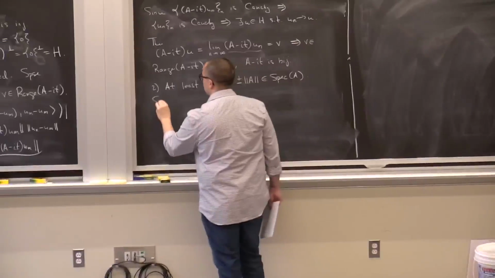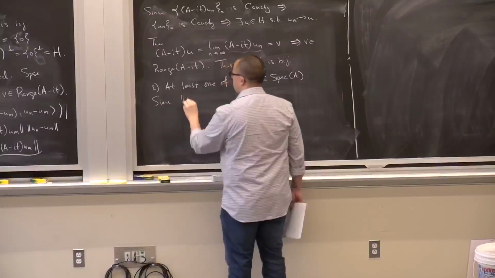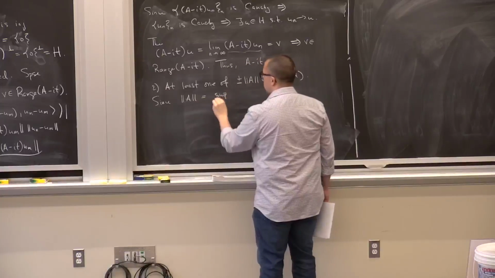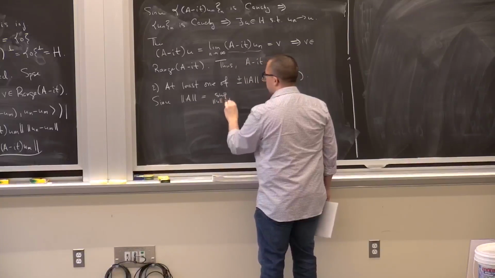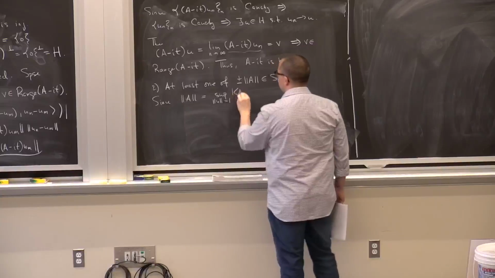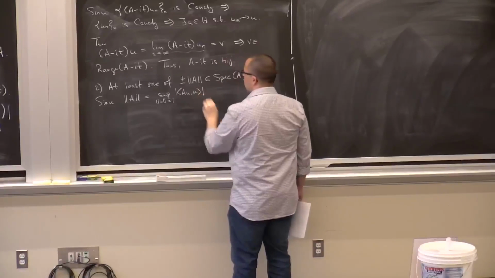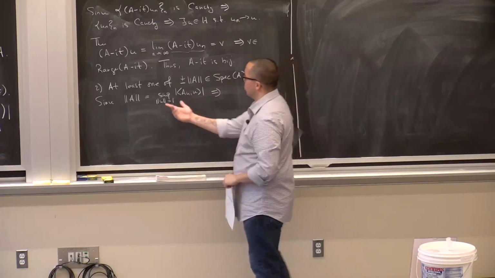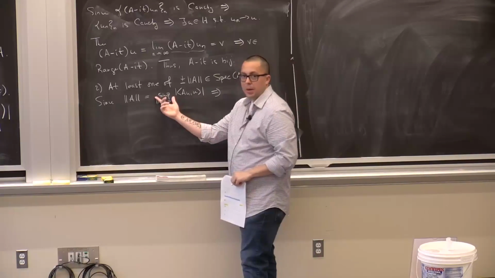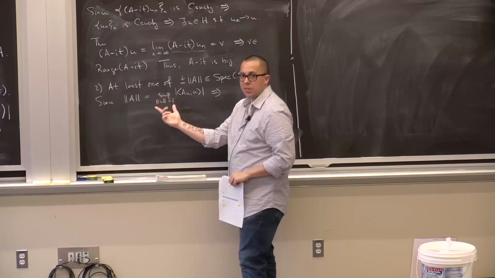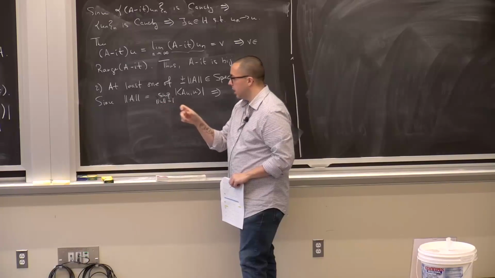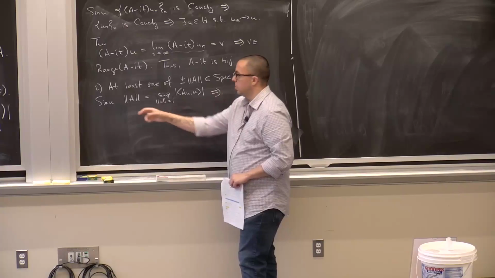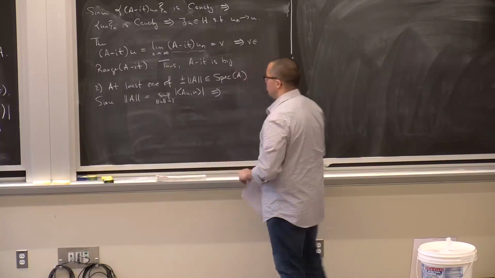Now, since the norm of A is equal to the sup over norm of u equals 1 of the absolute value of the inner product of Au with u, a supremum is always characterized by being an upper bound and also there existing a sequence in the set of things you're taking the supremum of converging to that supremum.